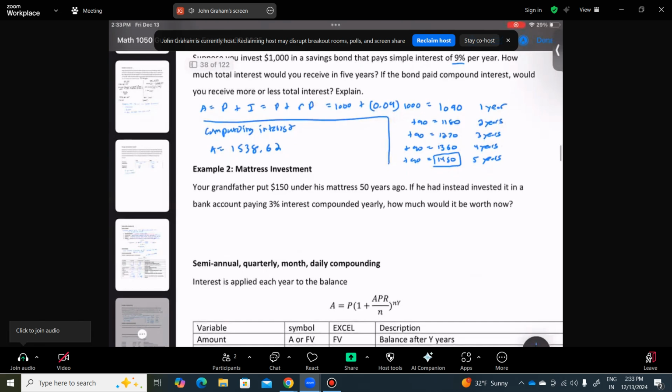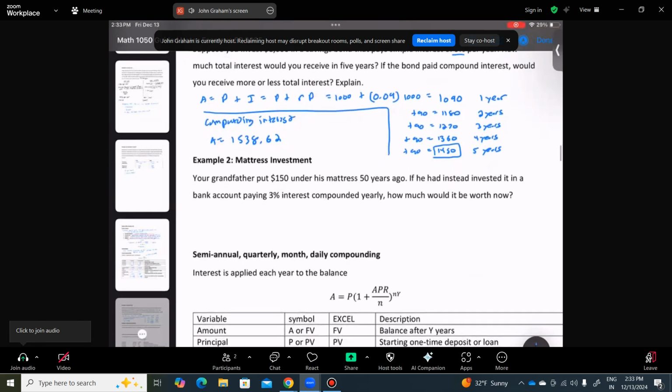All right, so let's say your grandfather puts 150 under his mattress 50 years ago. If he had instead invested it in a bank paying 3% interest compounded yearly, how much would it be worth? Right, so the hardest thing with these compounding is figuring out what all the values are.